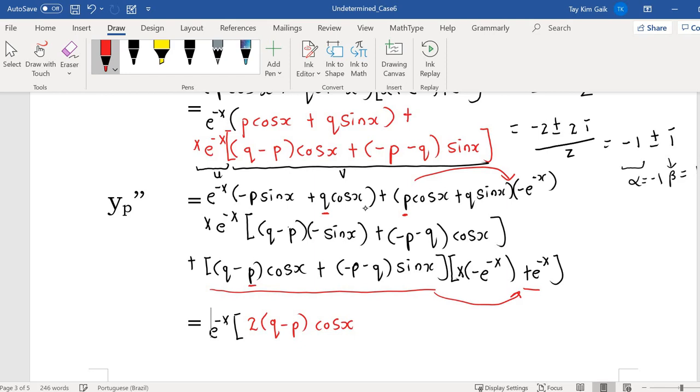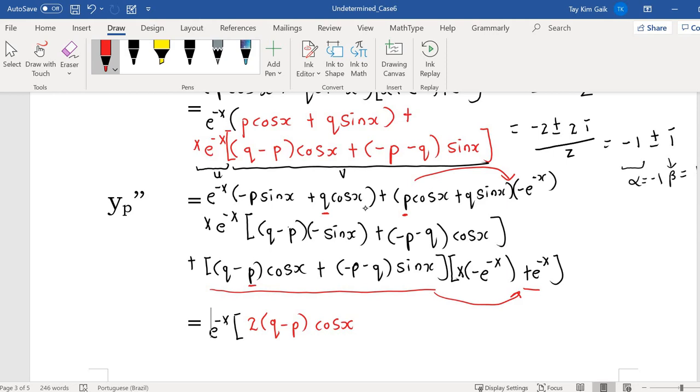For the x exponent negative x, here you got q cos x and then p cos x, ending up with q cos x minus p cos x. So q and q, total 2q, minus p minus p, minus 2p cos x. And then collecting the exponent negative x with sin x.